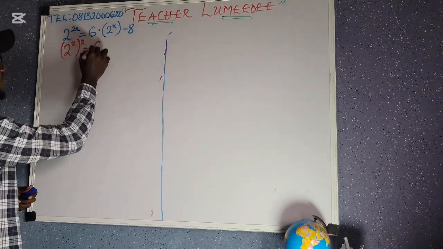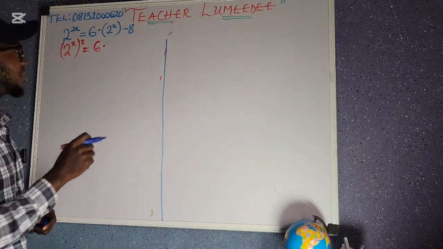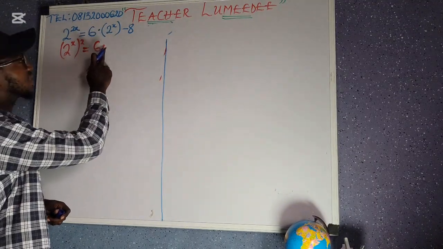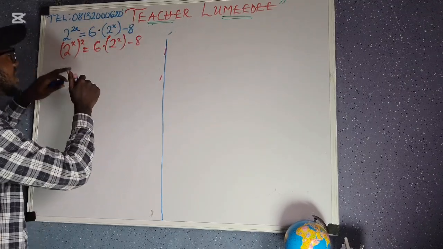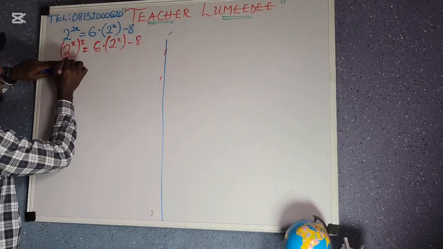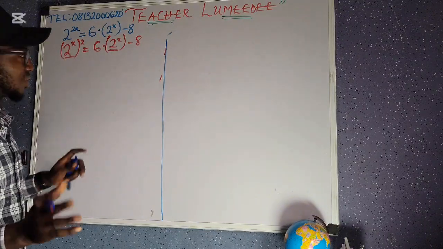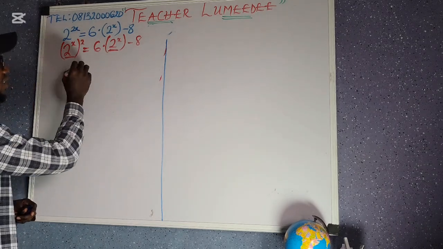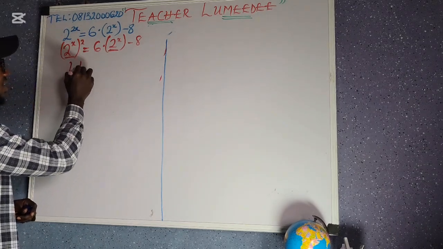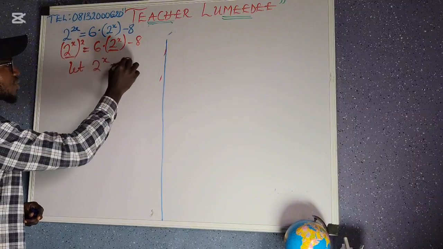So equals to 6. This dot is not the normal decimal point. It signifies multiplication in mathematics. Bracket 2 raised to power x minus 8. The moment I've been able to establish this on the same side as the case may be, immediately we can say this statement that let 2 raised to power x be equals to p.